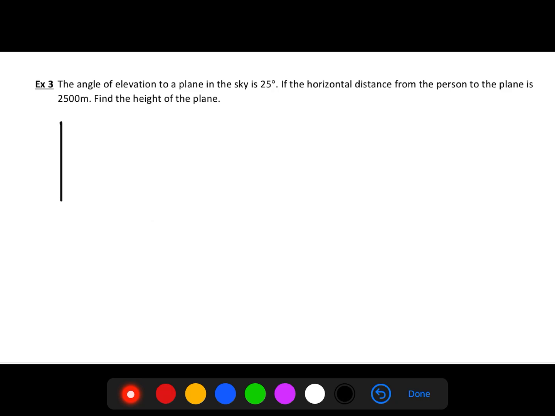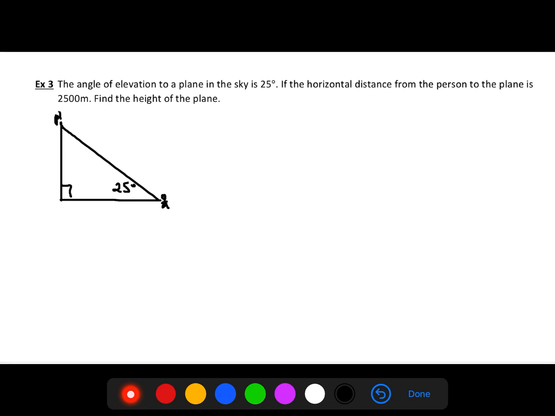Example number 3, this time the angle of elevation, so looking from the bottom, looking up to a plane in the sky, is 25 degrees. Always diagram first. And angle of elevation is 25 degrees.